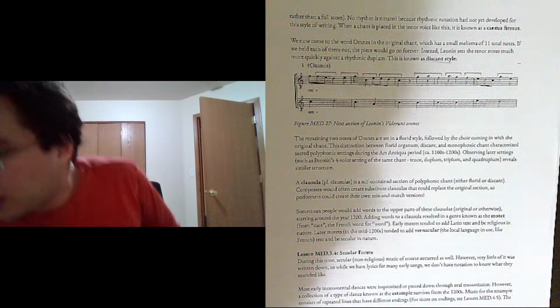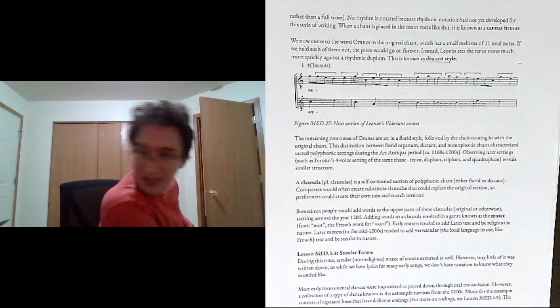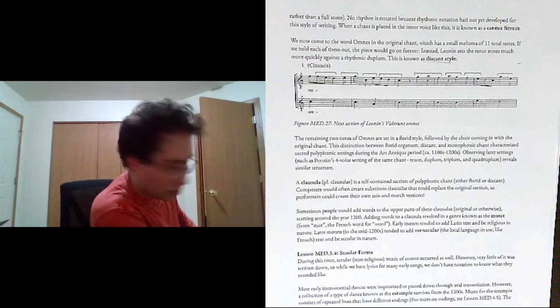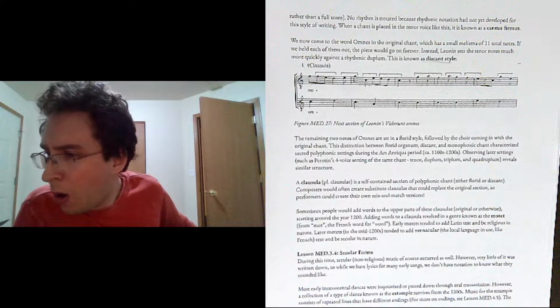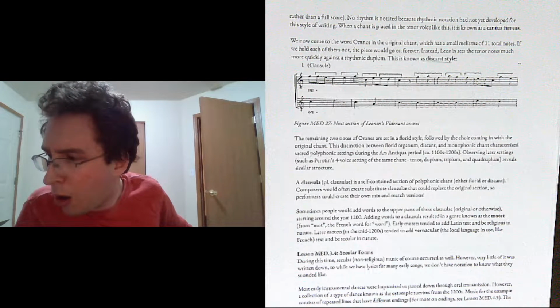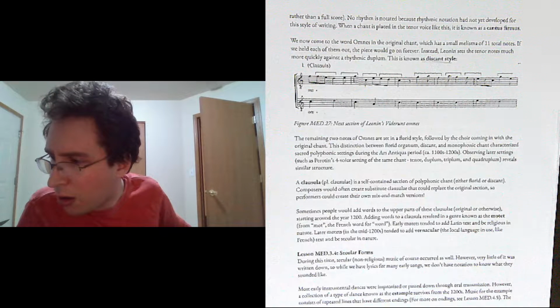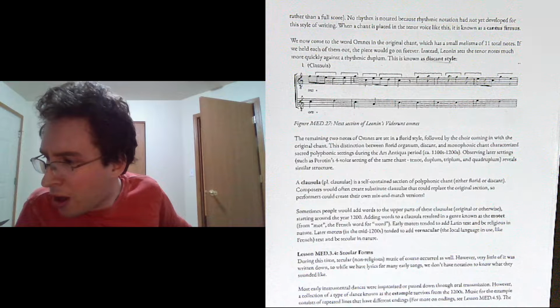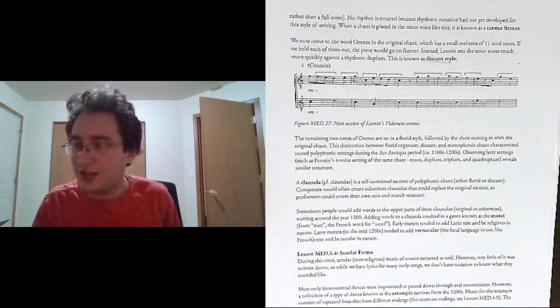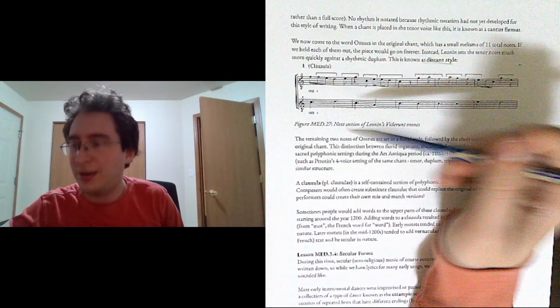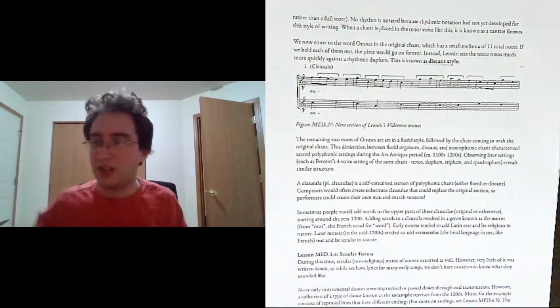So here we have our section of discant. Not the best rendition, apologies for that, but it gives you an idea of the different pace that's going on.